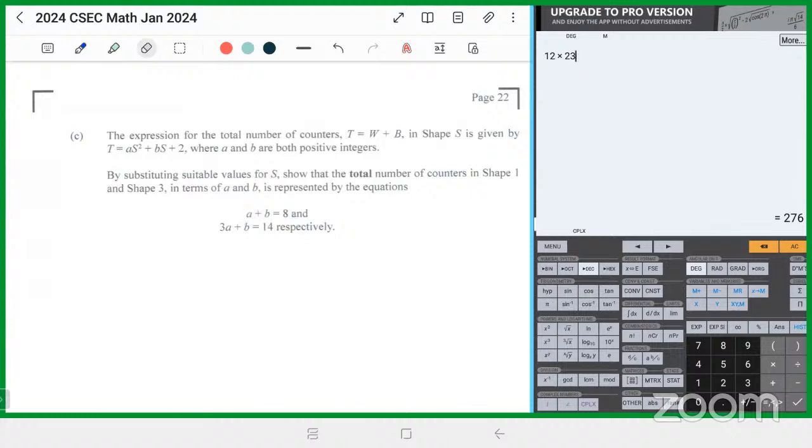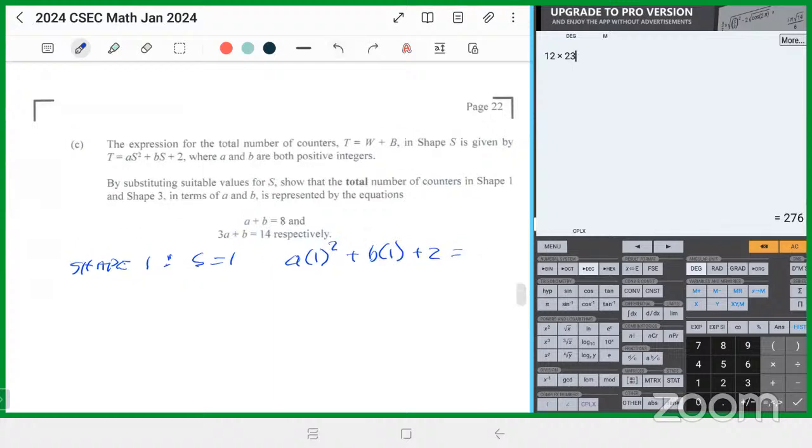All right, so shape 1. The S is equal to 1. So we're basically placing 1 in this formula. And so we're going to get 8 times 1 squared plus B times 1 plus 2 is equal to the total number that was in shape 1.